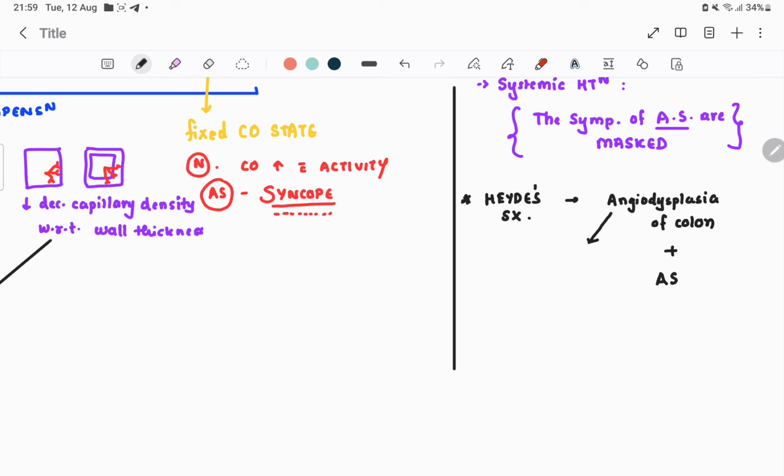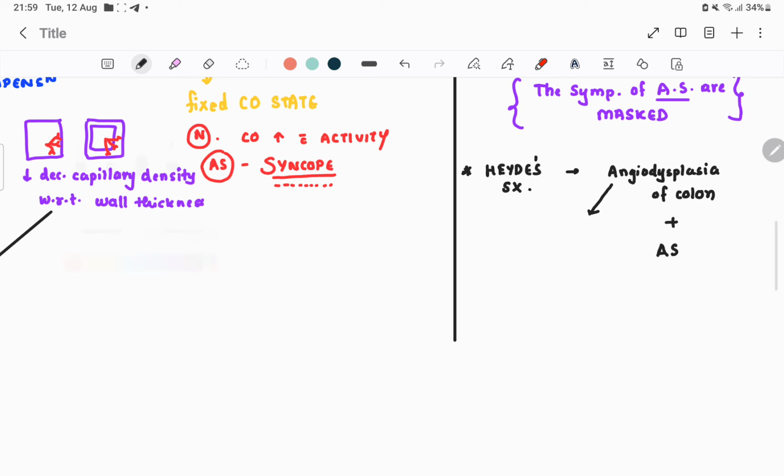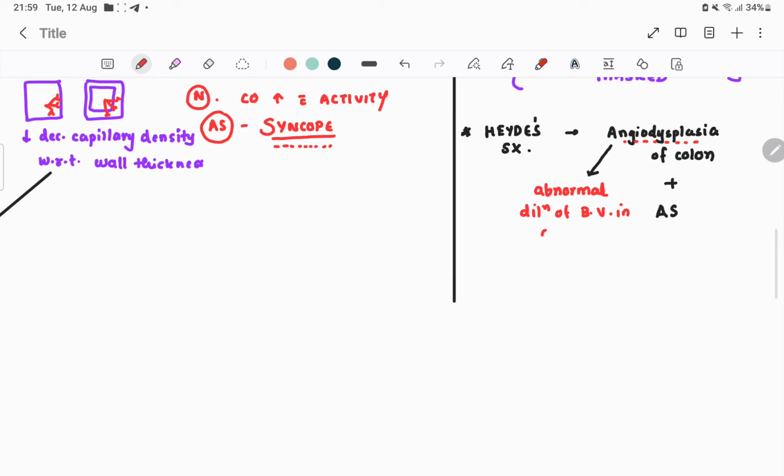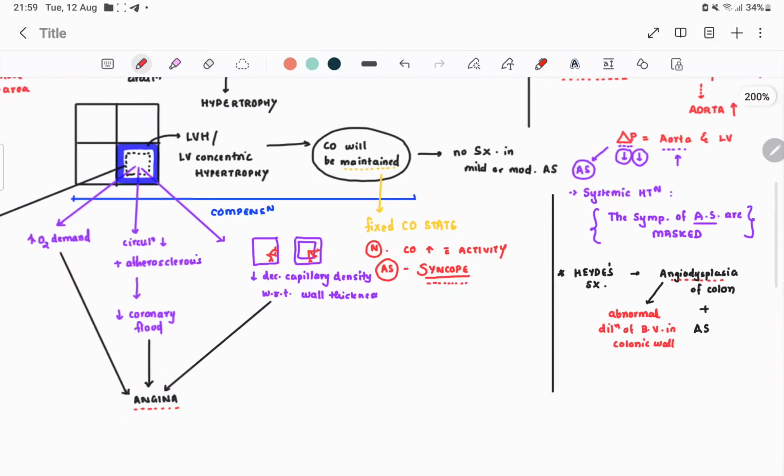Angiodysplasia means abnormal dilatation of blood vessels in the colonic wall, basically in the rectum and sigmoid region. So a person with recurrent GI bleeds, you can think of Heyde syndrome. Not that common, but you can. Okay.